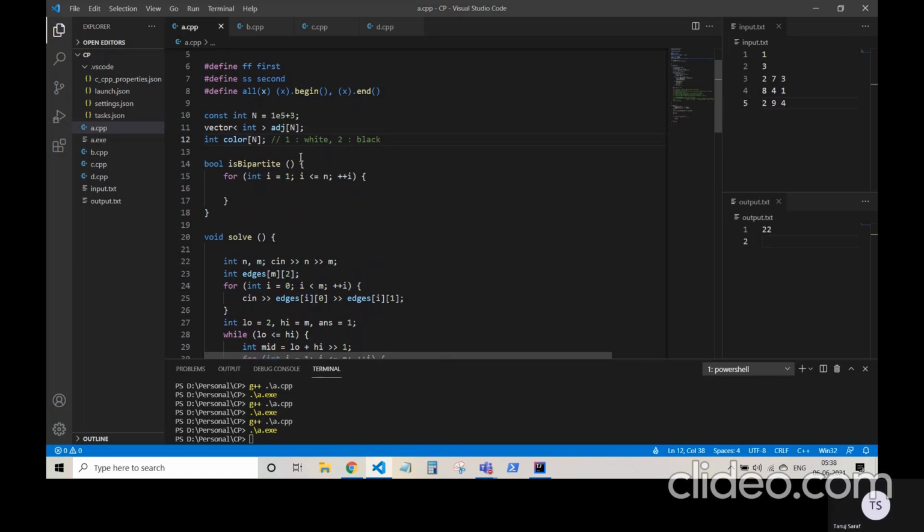So in the BFS, when we run a BFS, if we ever encounter a node which has already been colored, right? If in the adjacency list, from one particular node, we end up on a node that is already colored, and if it is of the same color, then we can say that this is not a bipartite graph, right? Because we have encountered an odd length cycle.